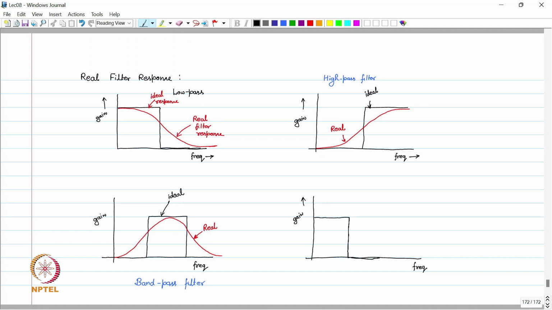For a band of frequencies, the response is 0, and everywhere else it is high. So this is the ideal case. In practical applications, the filters have this kind of response. This is the real response of a band reject filter, or band stop filter.